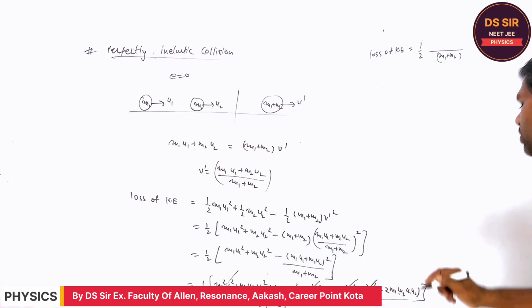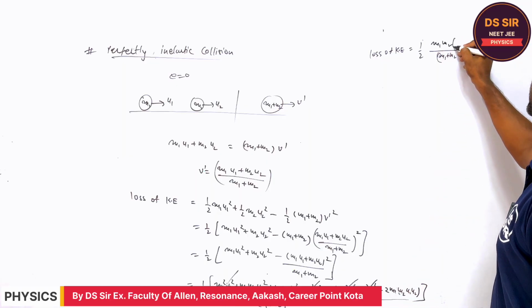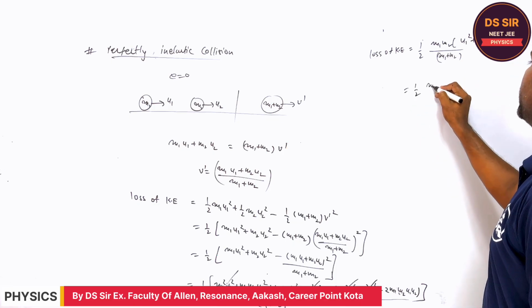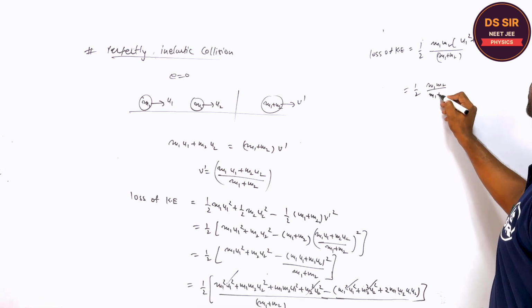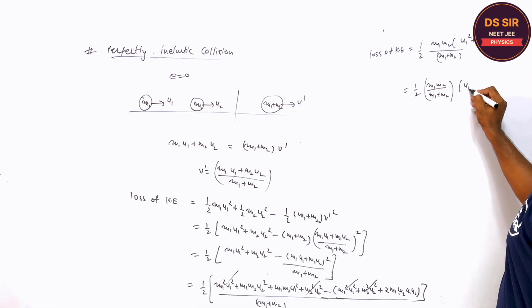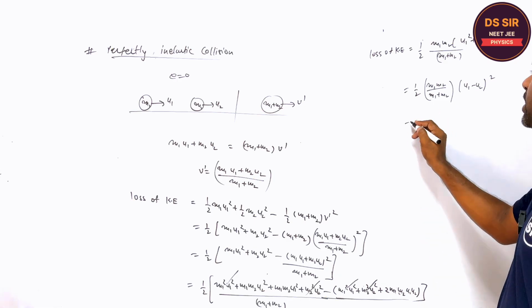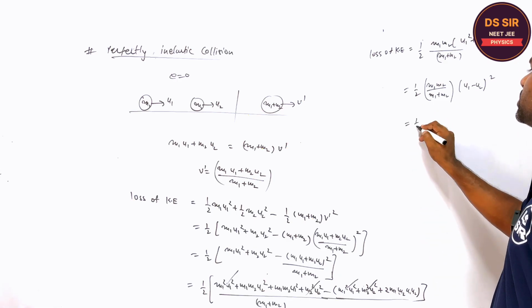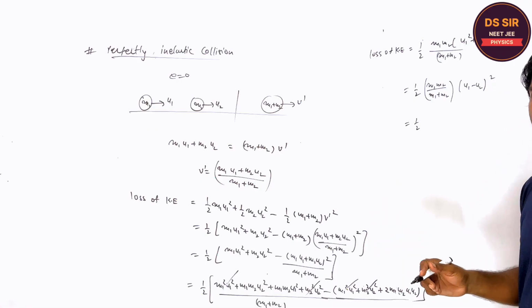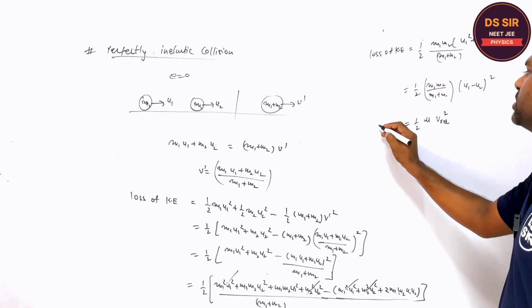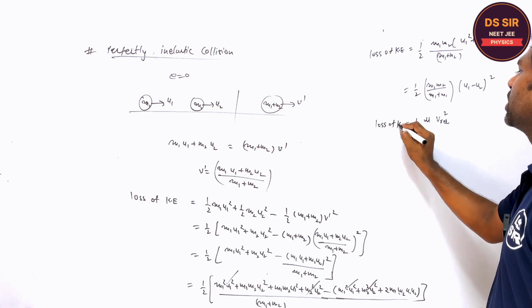Here m1 m2 is common, and u1 square plus u2 square minus 2 u1 u2, it is equal to half m1 m2 upon m1 plus m2 and (u1 minus u2) whole square. So the loss of kinetic energy is very much similar to the spring problem, right? Maximum compression. This is the reduced mass, and this is the V relative square. This is the loss of kinetic energy, right?